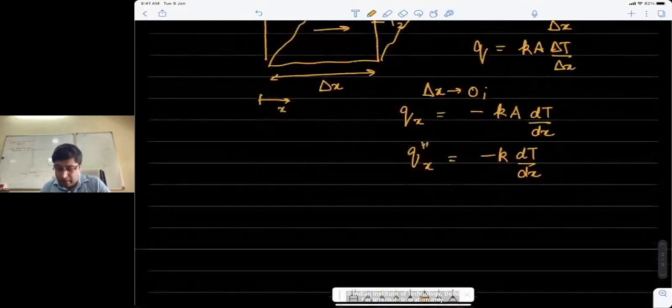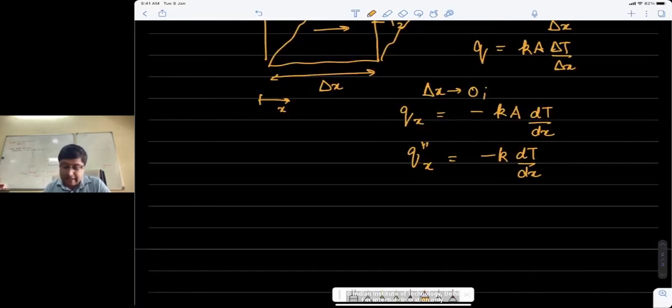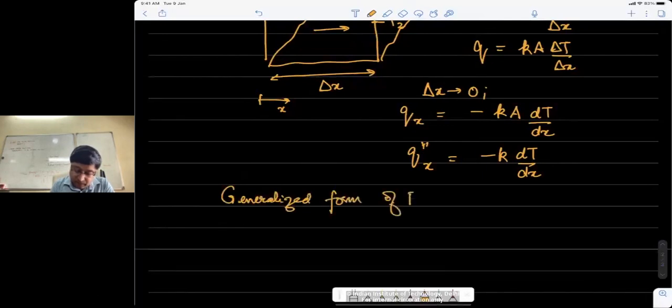Now, although heat transfer rate is a scalar, flux is not a scalar. Flux is actually a directional quantity. It has a direction, so it's a vector. In fact, the generalized form of Fourier's law writes it in a vector form.